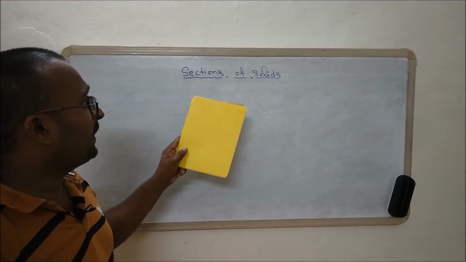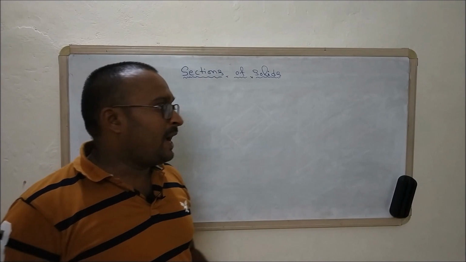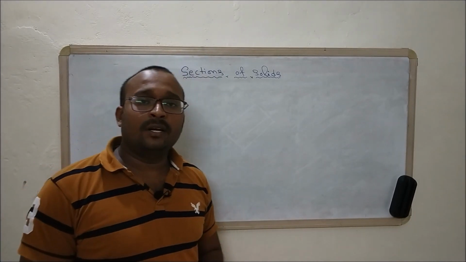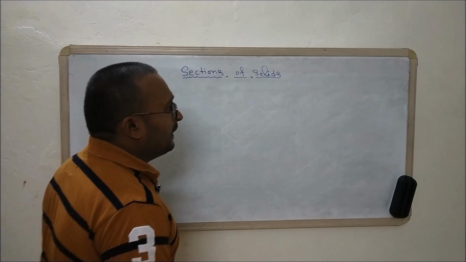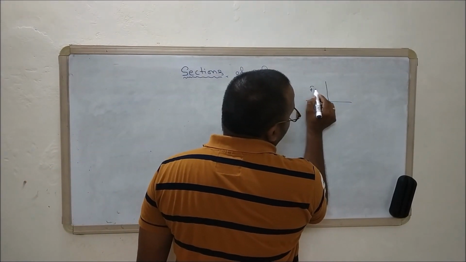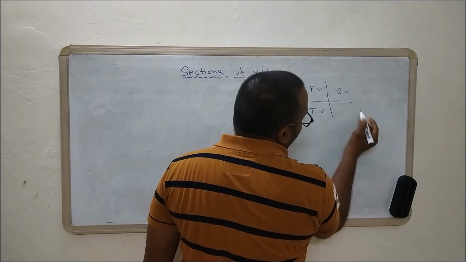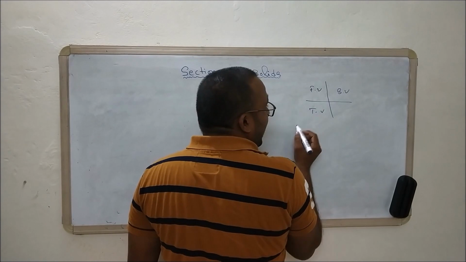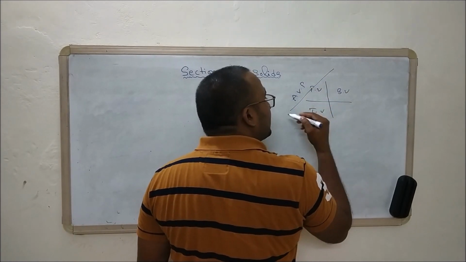Today, our topic is sections of solids. So, as of now, we discussed orthographic projections, where we get the front view, top view, and side view. Also, we discussed the auxiliary view, the auxiliary vertical plane or auxiliary inclined plane.